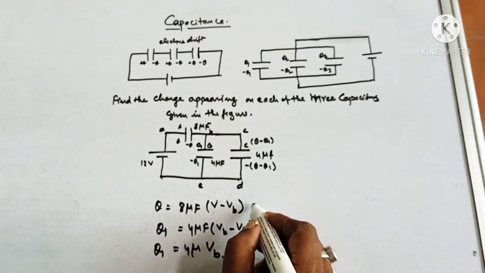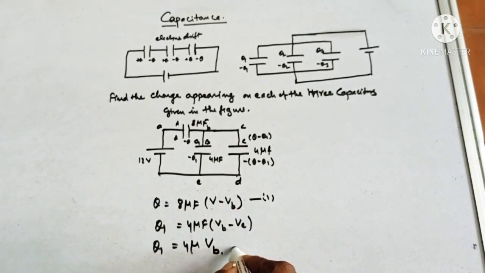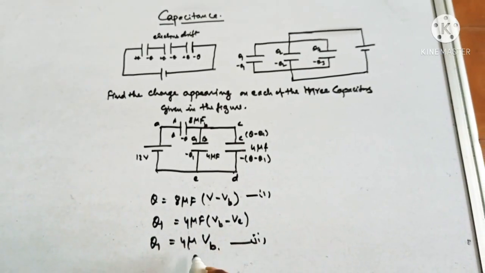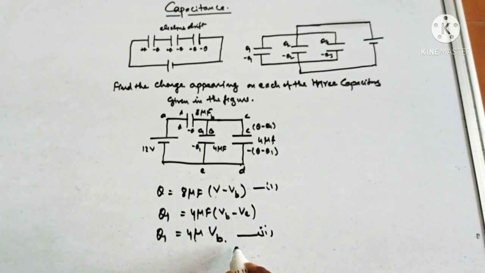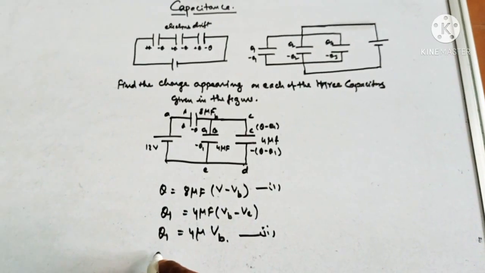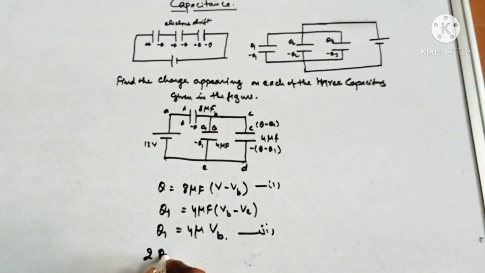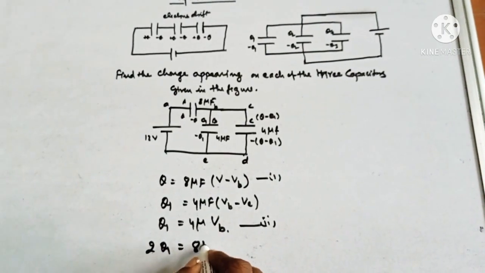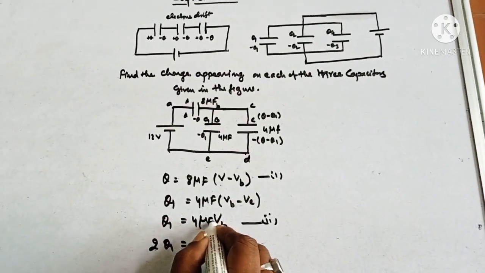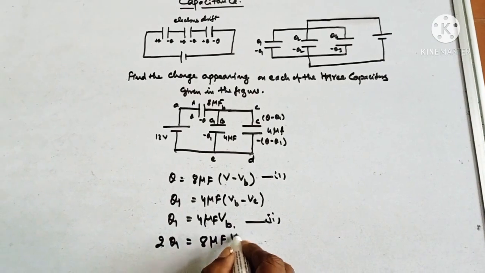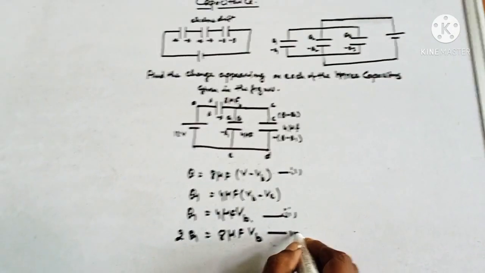Now if we take these two equations, I am going to multiply equation 2 by 2. So 2 into Q1 will be 8 microfarad VB. This is equation 3.